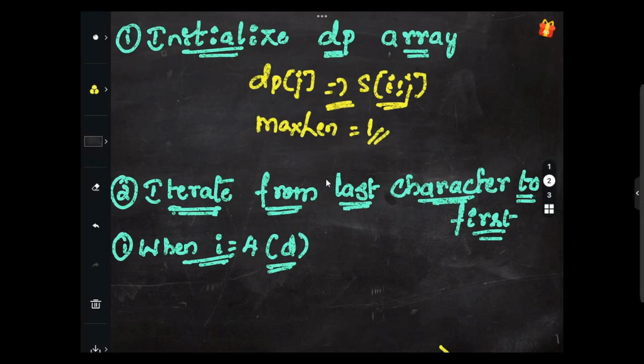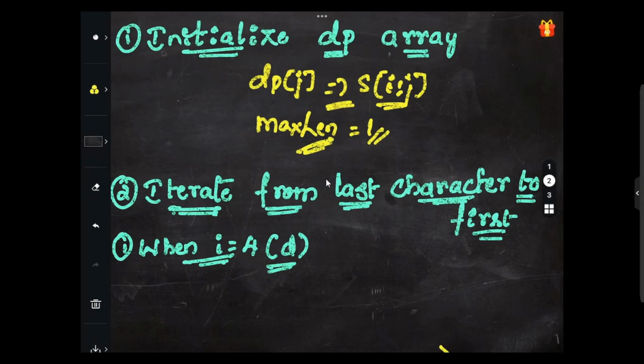Why are we setting the maximum length to 1 here? Because the minimum palindrome is a single letter initially, right? So initially we will set the maximum length to 1. This we have to keep in mind. This is when we initialize the DP array.